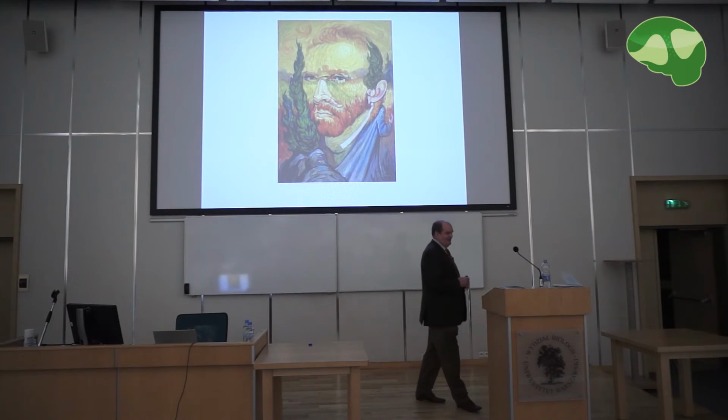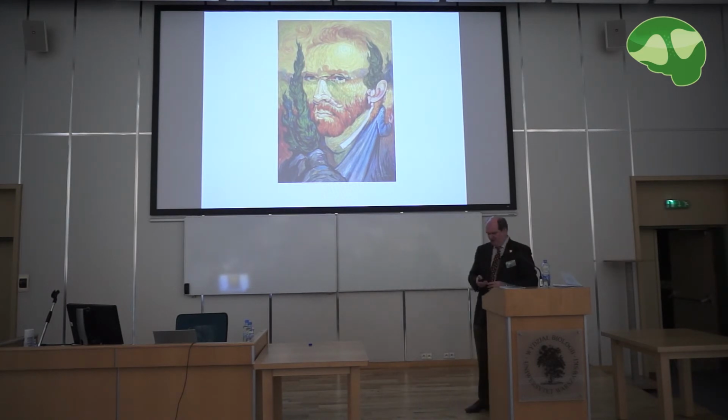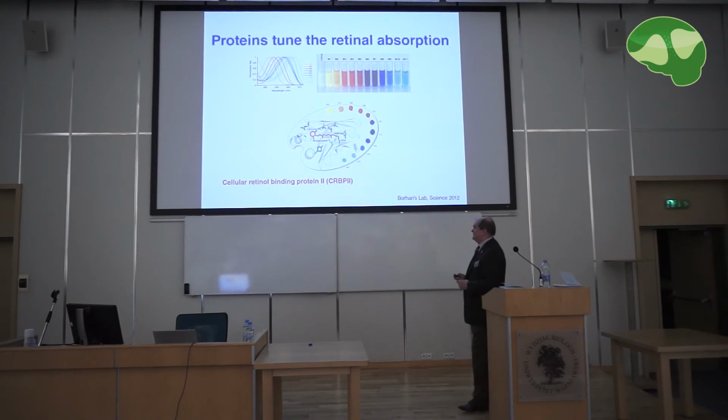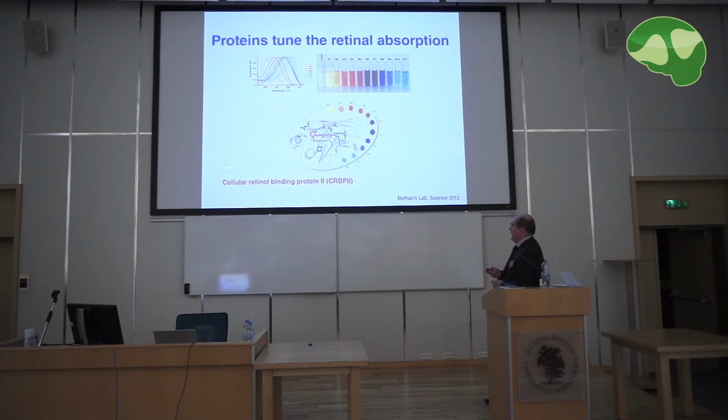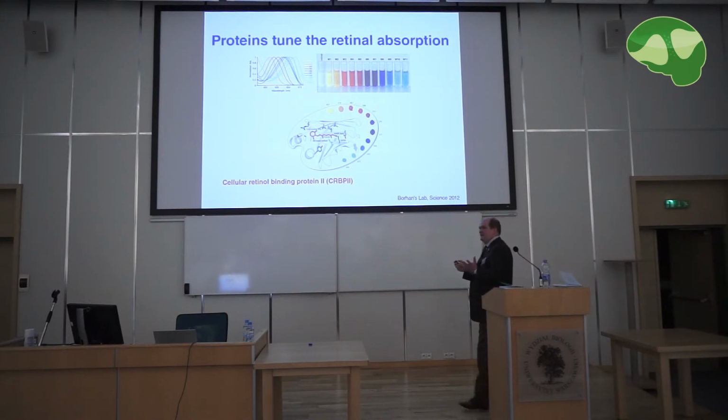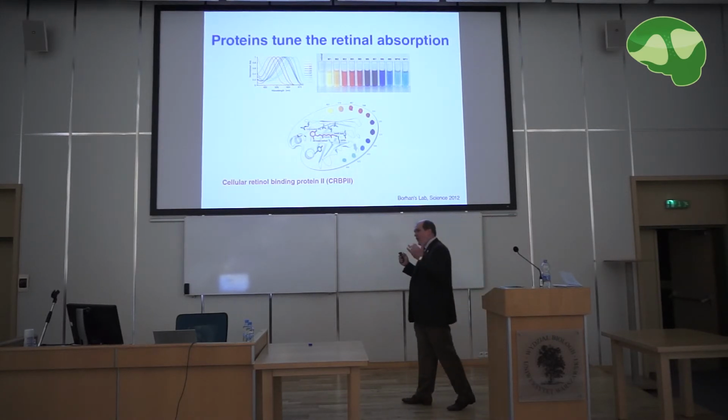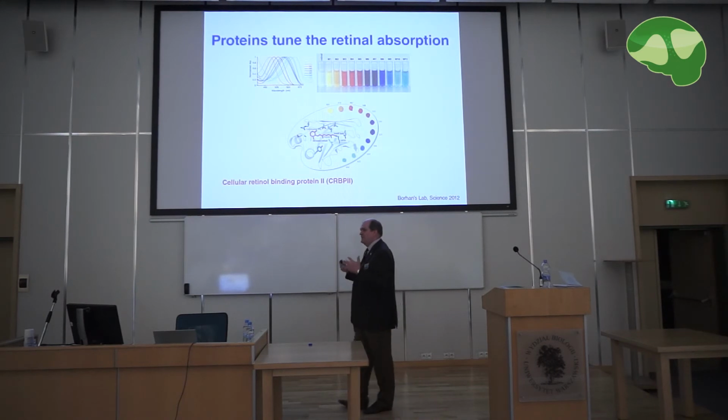And there is a clever fellow who lives very close to my place in Toledo, who did the following experiment. He took cellular retinol binding protein, modified in a way that now he can attach the chromophore via protonated Schiff base or deprotonated Schiff base. In his case, he used all-trans retinal because, again, the resonance structure of all-trans or 11-cis retinal will be the same.